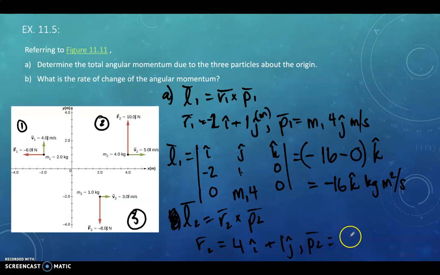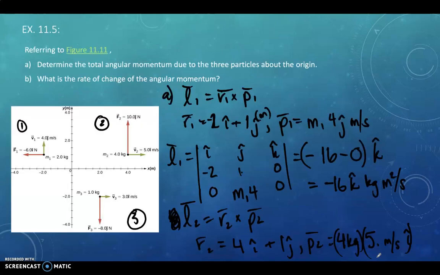P2 is equal to M2, which is 4. So we're going to say 4 kilograms times our velocity, which is 5 meters per second i hat.